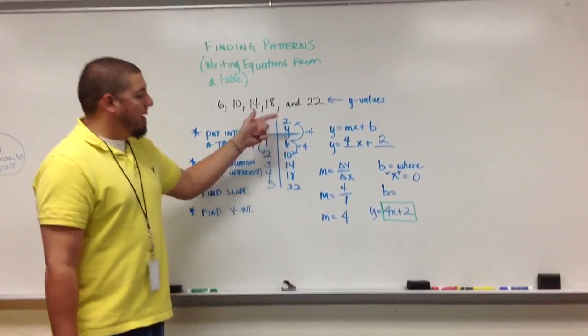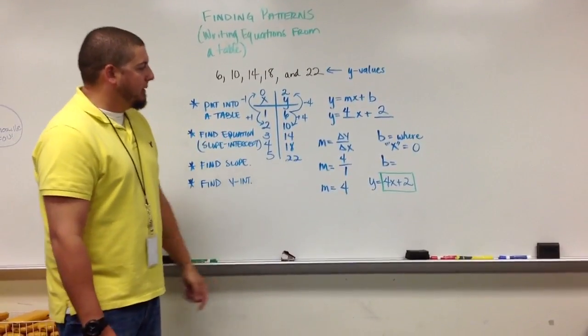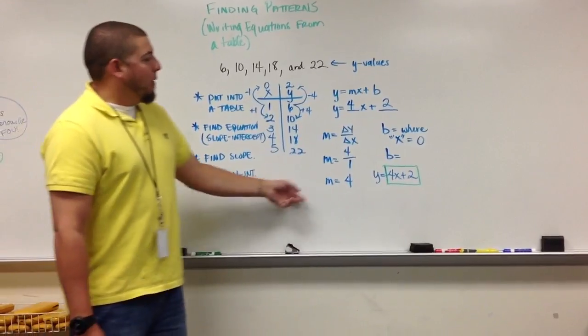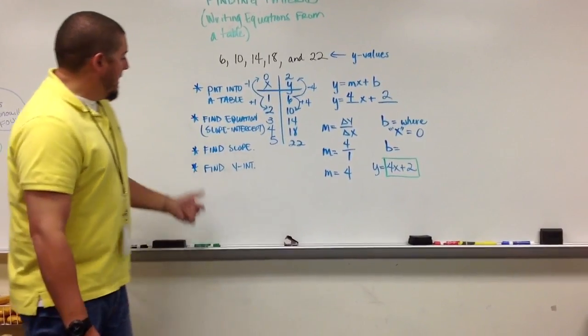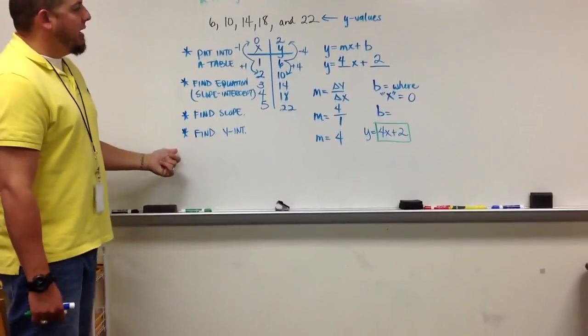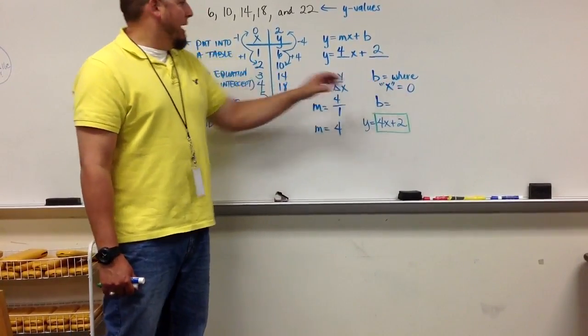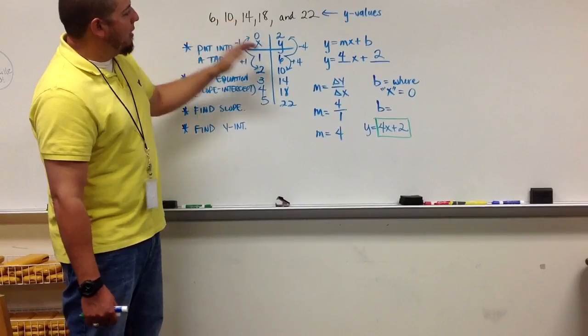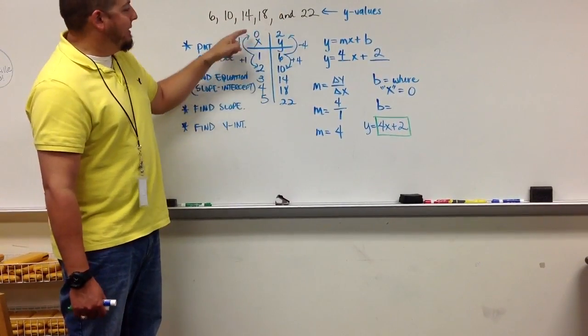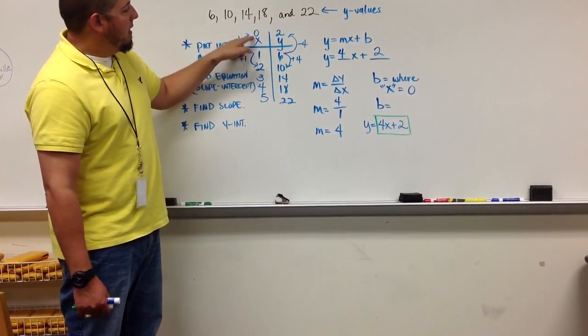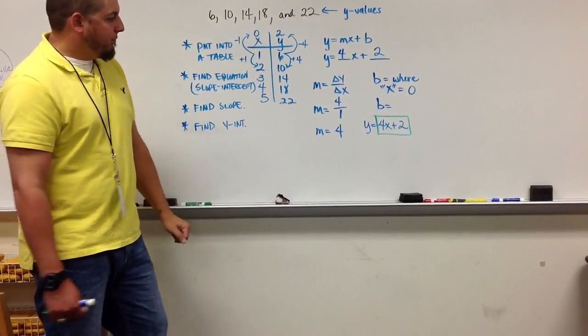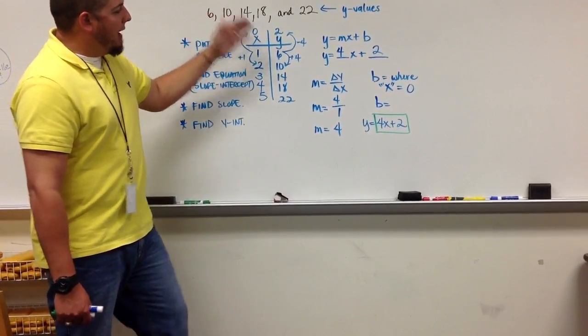I found the slope by doing a rate of change, change in y over change in x. Once I did that, I went ahead and plugged in the slope. Then I needed to find the y-intercept. The y-intercept, remember, is b, which is where x equals 0. We just went back on our table to find it. x is equal to 0 here, and y is equal to 2 there. Okay, and then I just plugged it in.